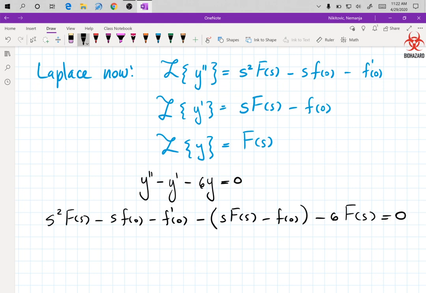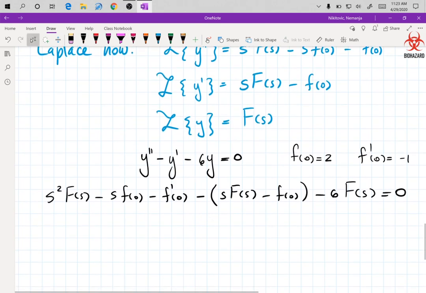And now I am supposed to plug in all of the values that we have. We also have that F of 0 is equal to 2 and F prime of 0 is equal to negative 1. So now we plug everything in.